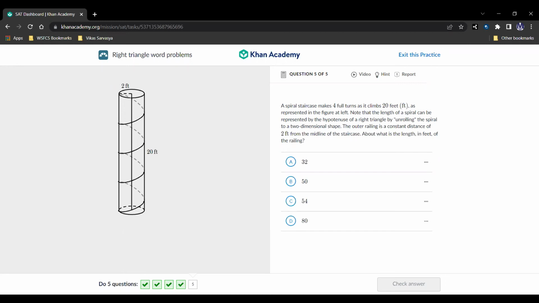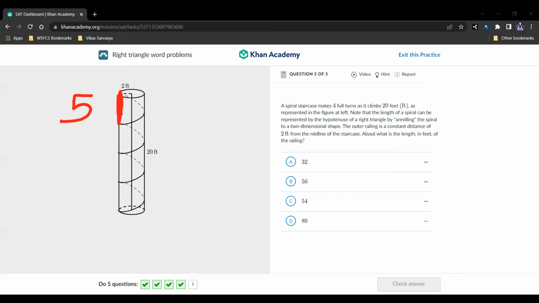So essentially, let's see what we can do here. Let's think. We're making 4 full turns. So if we make 4 full turns, then each of these is going to be 5 feet, right?